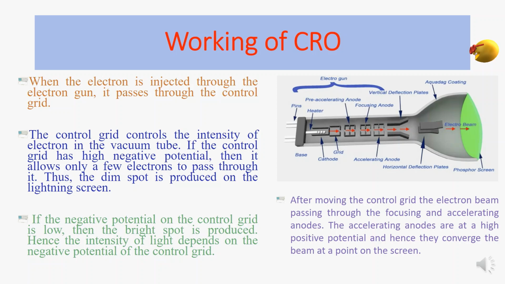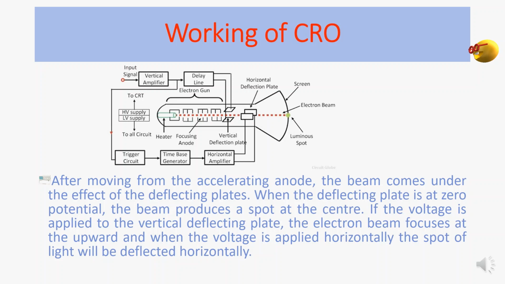After moving through the control grid, the electron beam passes through the focusing and accelerating anodes. These accelerating anodes are at high positive potential, hence they converge the beam at a point on the screen. Then, after the electrons move past the accelerating anode, the beam comes under the effect of the deflection plates.